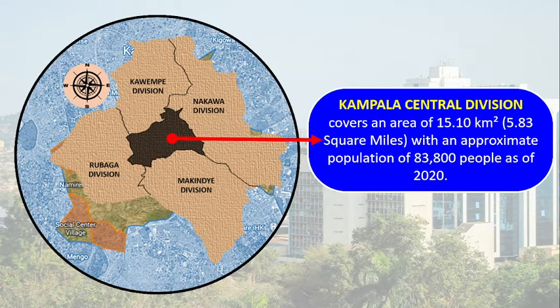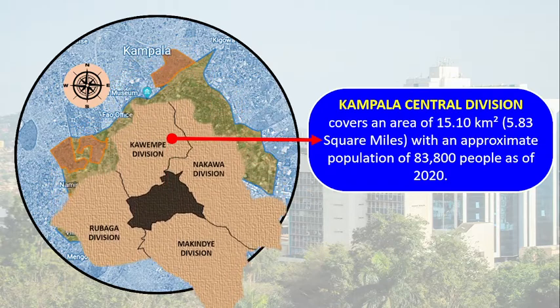For such a small area, that's a very substantial population. And this division is actually surrounded by other 4 divisions. We have Kawempe Division in the north, we have Rubaga Division in the west, Makindye Division in the south, and then you can say Nakawa Division in the eastern direction.